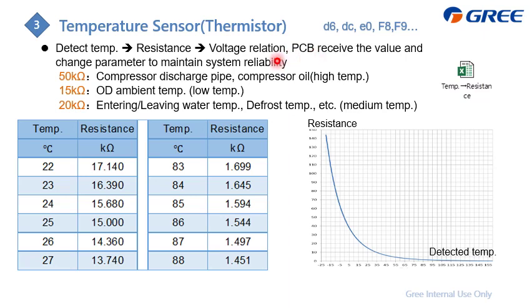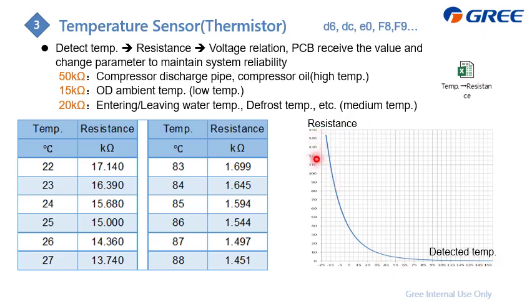Inside the chiller, there are 3 types of sensors. The 15K ohm is for high temperature, which is the compressor discharge pipe. The 50K ohm is for low temperature, which means the outdoor ambient temperature. And the last is the 20K ohm, to check the tube and also the water. You can find the relation between the resistance value and the temperature here.